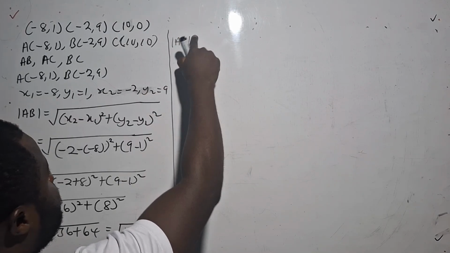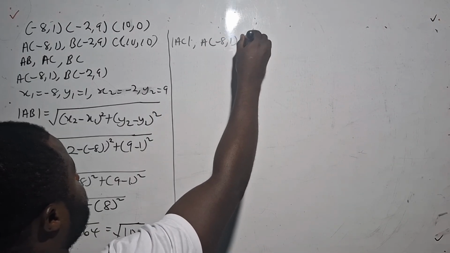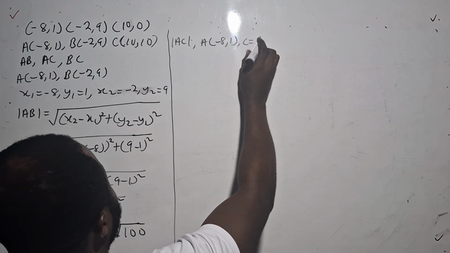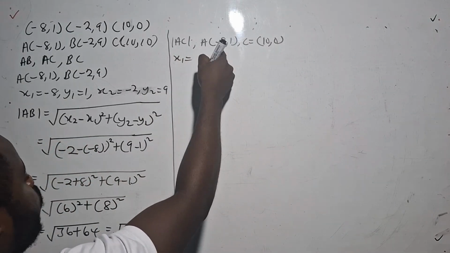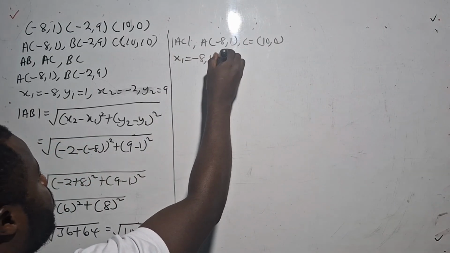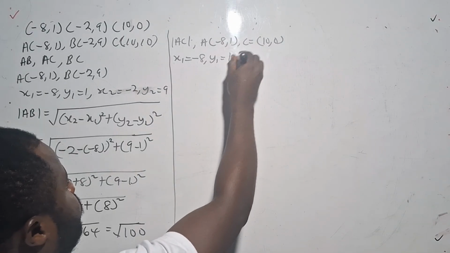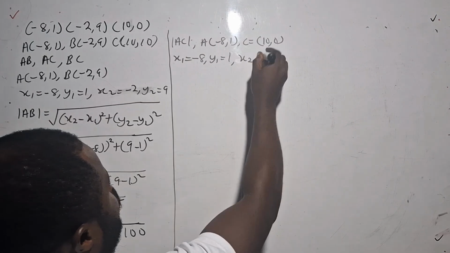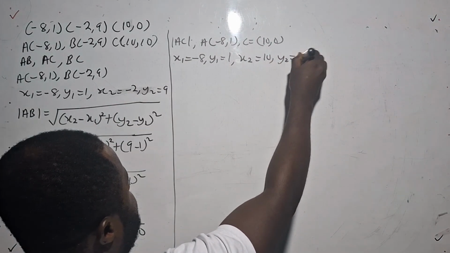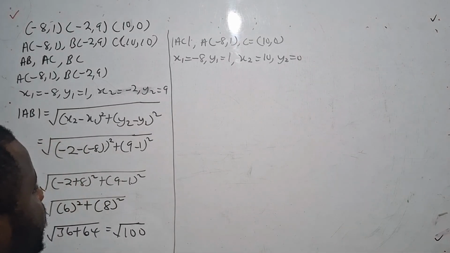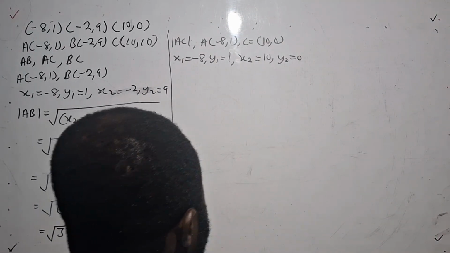So AC, our A is negative 8, 1. Then our C is 10, 0. X1 is negative 8, our X2 is 10, Y2 is 0. So X1, Y1, X2, Y2.